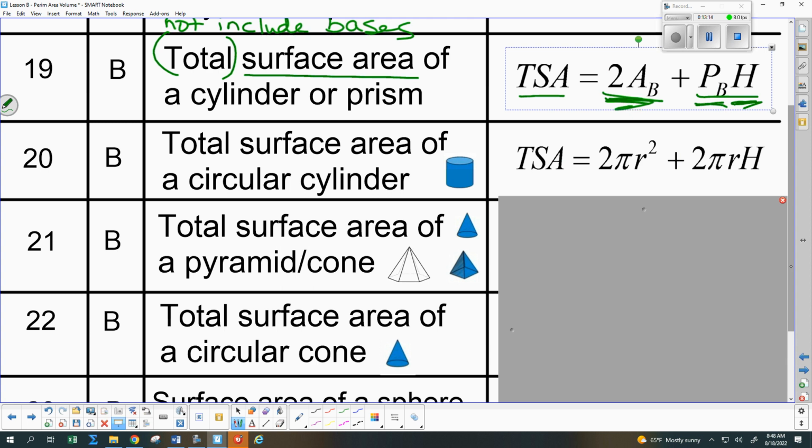So this one is a square pyramid, so it has one base. So I would need to get the area of one square. And now my lateral surface area is what kind of shapes put together? Triangles. So I've got 4 triangles, and any one triangle has an area. What's triangle formula again, everybody?